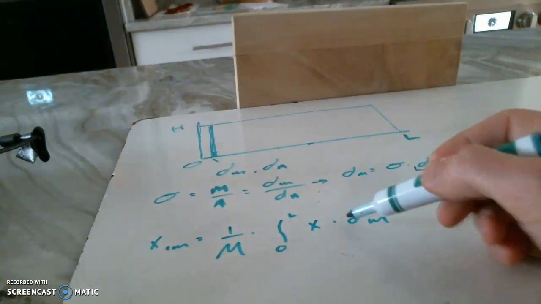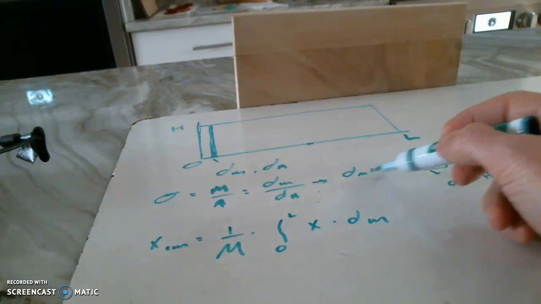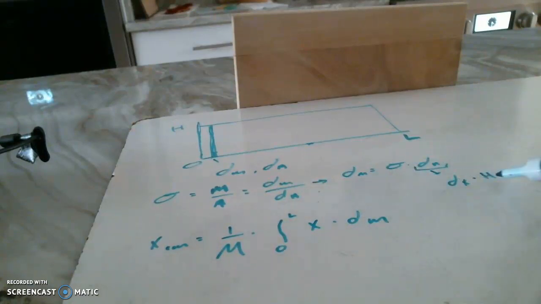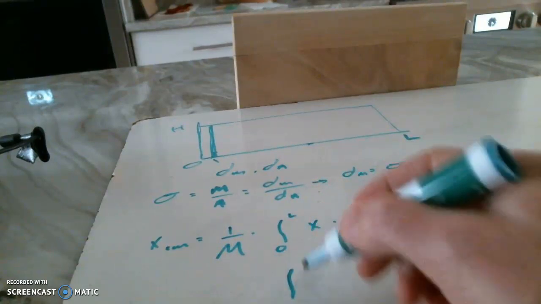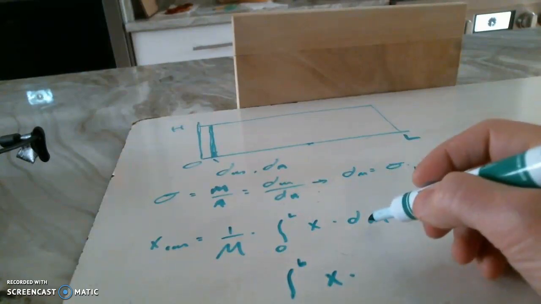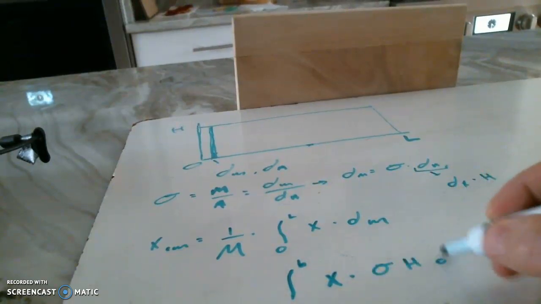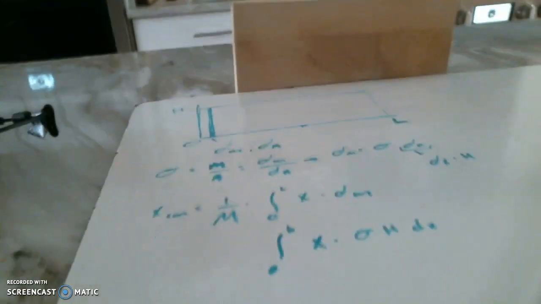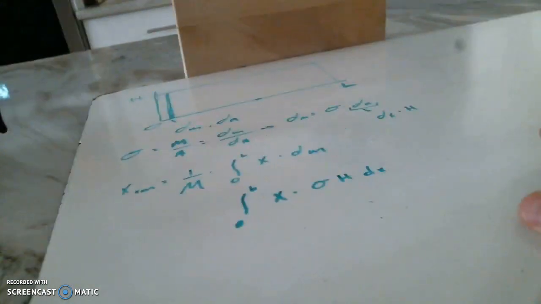We do have the same substitution for dm because that differential mass is equal to a sigma times a differential area, which means it is equal to a sigma times a differential x times height. So what this will end up being is the integral from 0 to L of x times this differential mass, which is sigma h dx. All right, that is the integral that we will end up multiplying everything by.